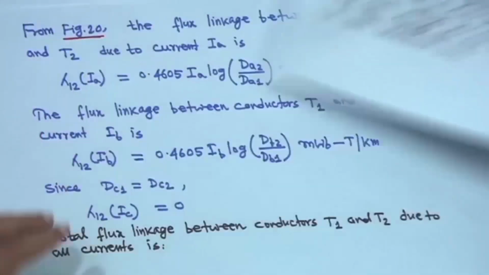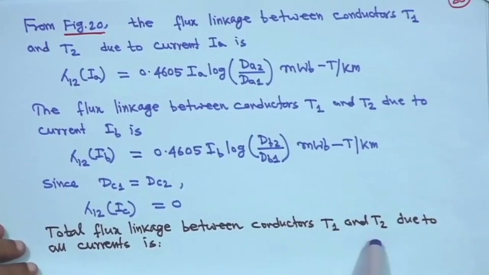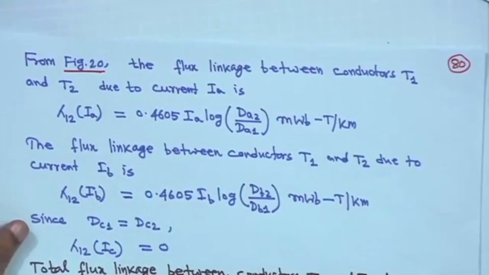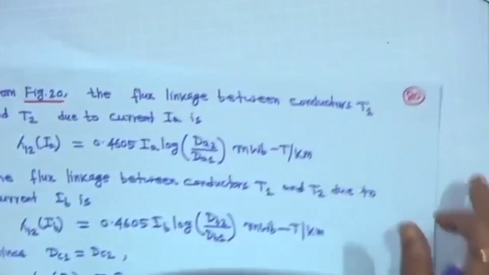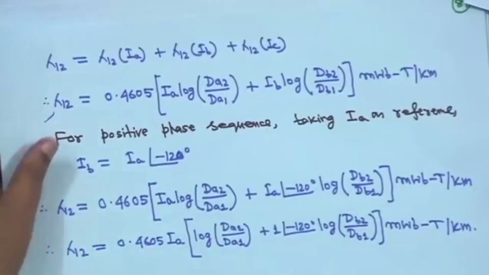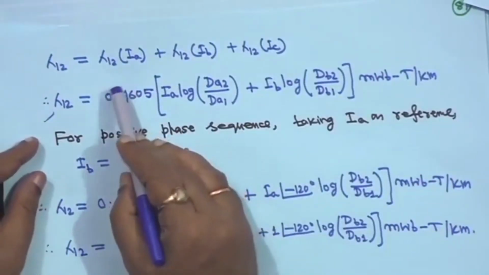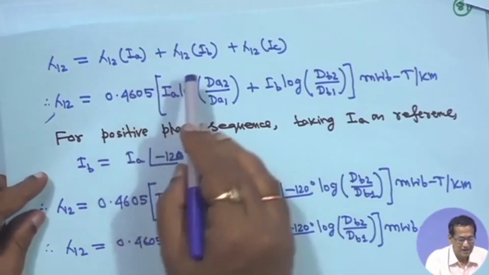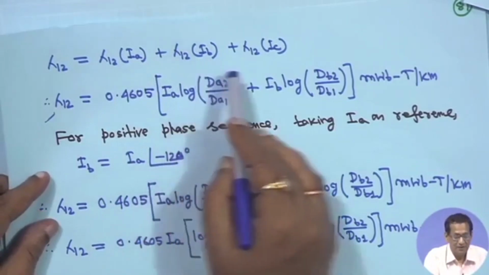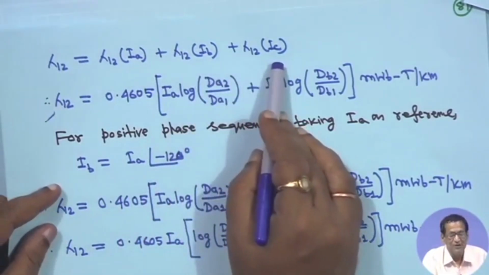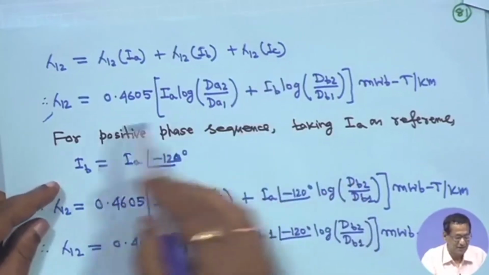Therefore, total flux linkage between conductors T1 and T2 due to all currents, what you will do is sum it all up. Total flux linkage lambda 12 is equal to lambda 12 due to IA plus lambda 12 due to IB plus lambda 12 due to IC, which is anyway 0.